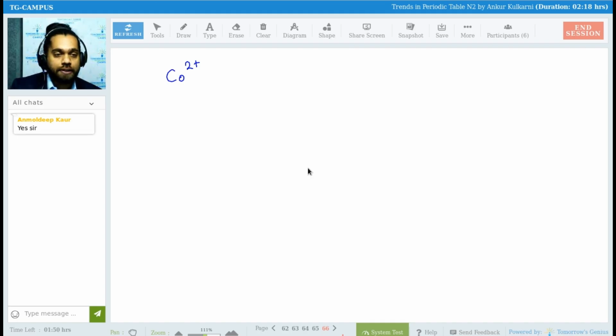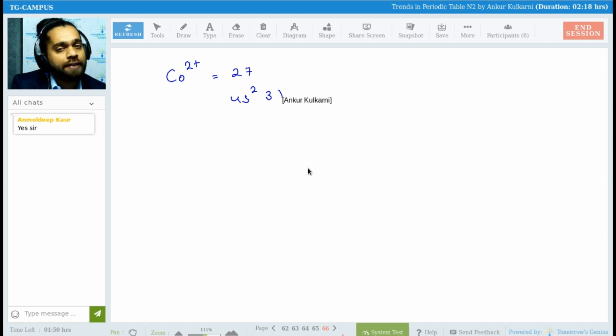Correct, it is nothing but 27. So again, as I told you, how will you write down the electronic configuration? 4s2 3d7. Simple, since it is 27.